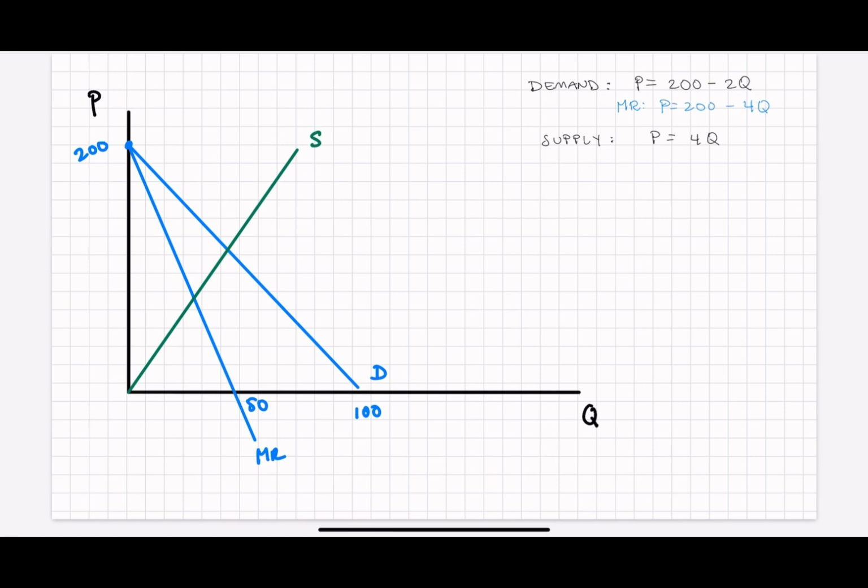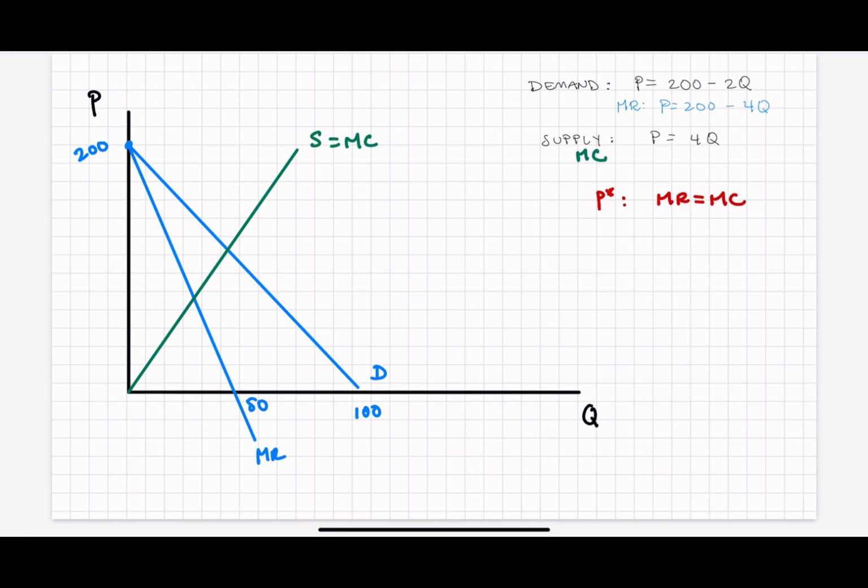Now when we think of supply, that's the market supply, but there's only one firm producing. And so the market supply is also equal to the marginal cost. So we can call this the marginal cost. And now that we have that, the rule we use is our optimal price is determined when marginal revenue equals marginal cost.